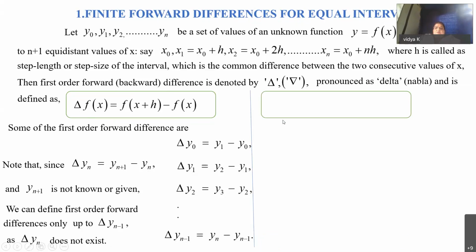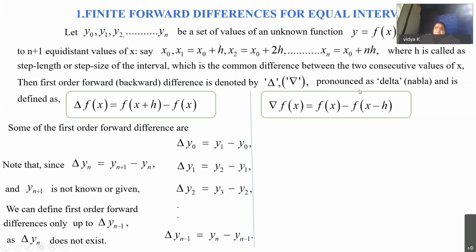So what is nabla of f of x? Nabla of f of x starts with the value; you are not going forward. You start with the value, then take the difference with the functional value of the backward value. If you go backward from x, you have to subtract h from x. So it is f of x minus f of x minus h.